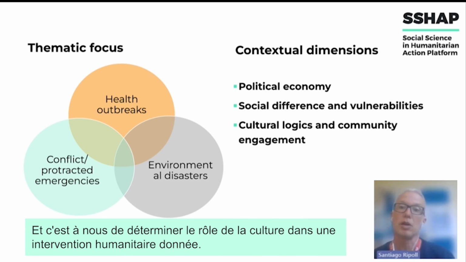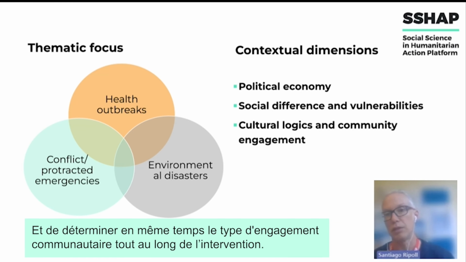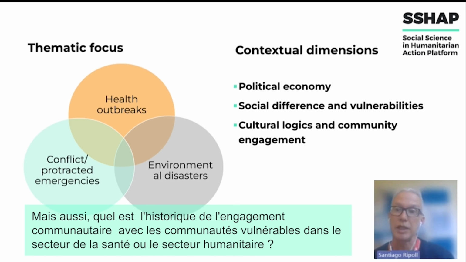And it's our job to determine how culture plays a role in a particular humanitarian intervention. And at the same time, what kind of community engagement is happening throughout the response, but also what are the histories of community engagement of the health sector or the humanitarian sector with vulnerable communities.